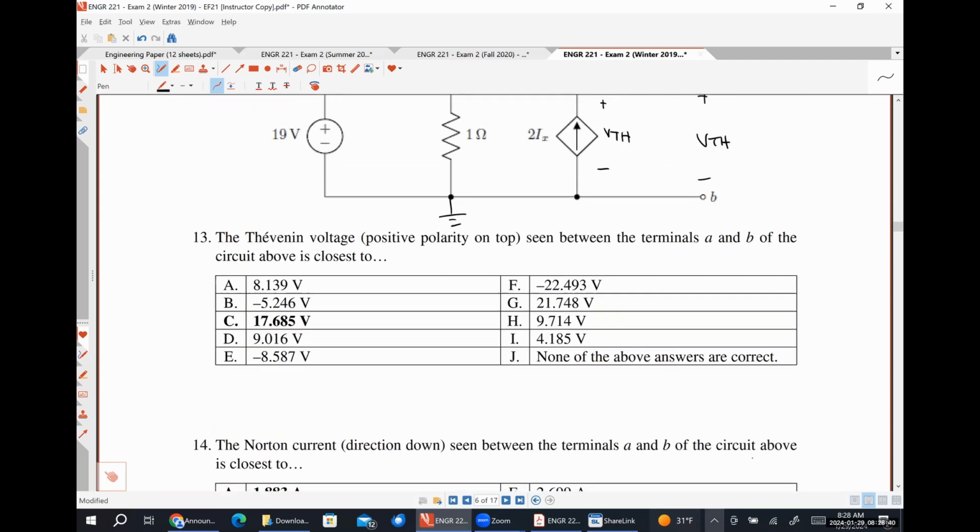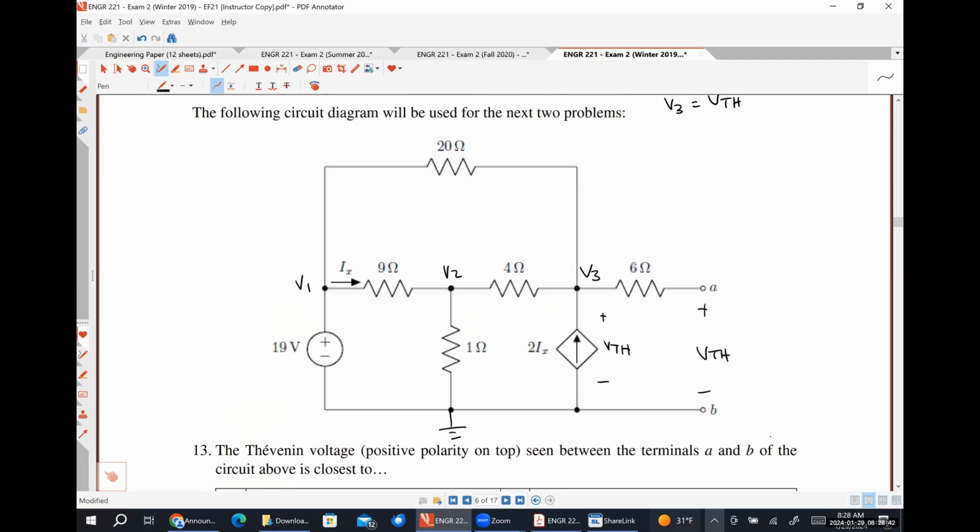Number 14 is the Norton current. I should have left that alone, because I'm going to wind up using nodal analysis here because there are too many meshes. So let's put this back at V1, V2, and V3. This is our I Norton.